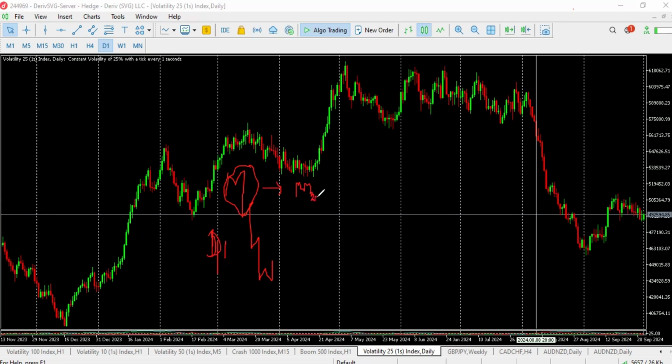So what does that tell me? That 3 levels of drop on the H4, 3 H4 levels, actually makes up 1 daily time frame level, 1 D1 level.